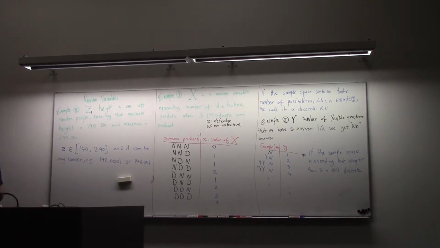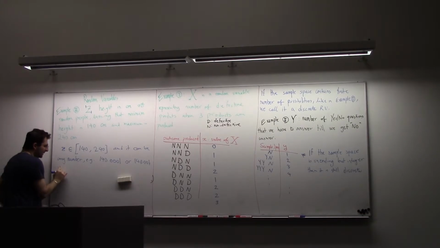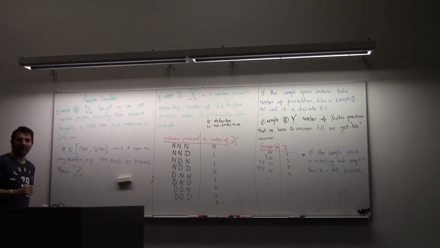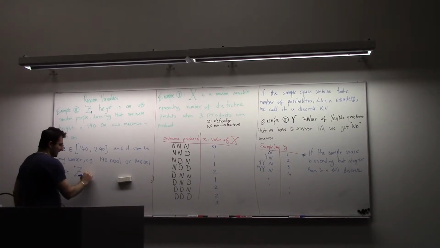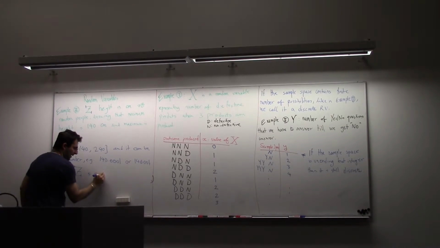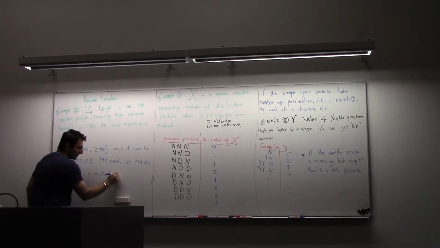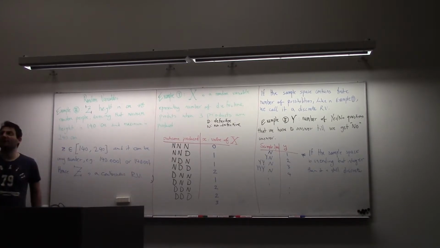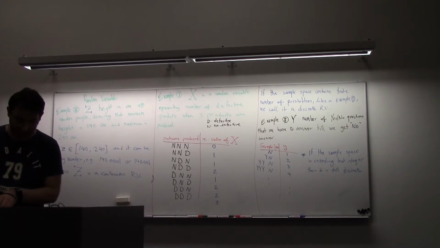So it can be any number. Hence, the random variable Z is a continuous random variable. However, we will focus a lot on discrete ones, and we do lots of examples on the discrete situation.